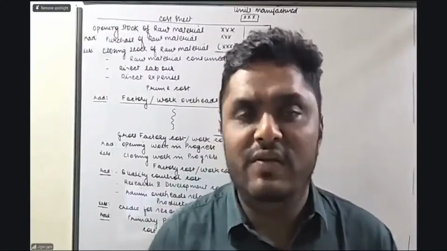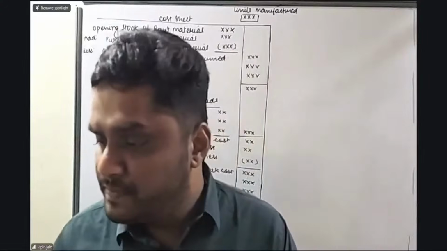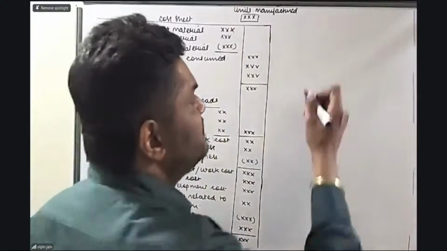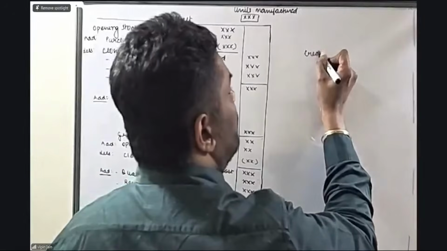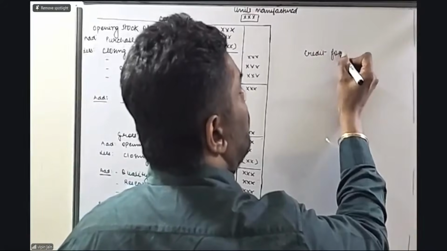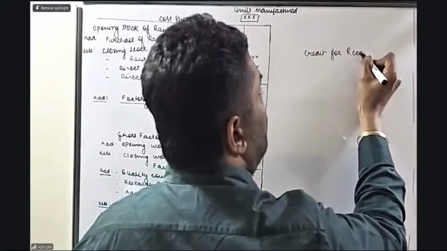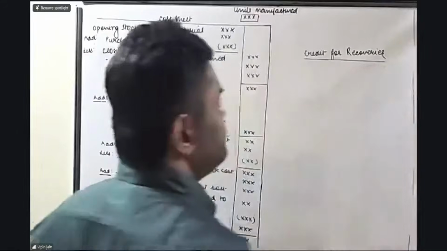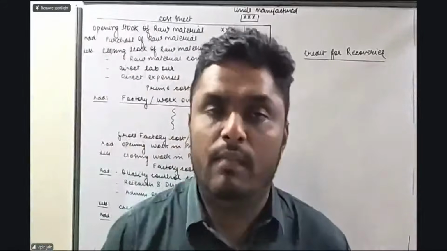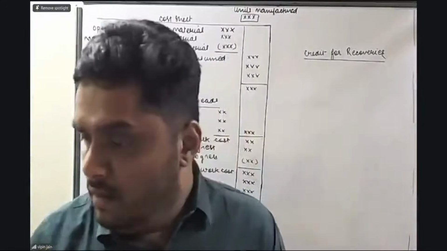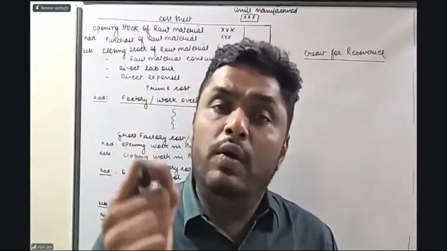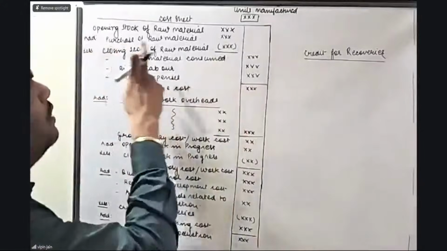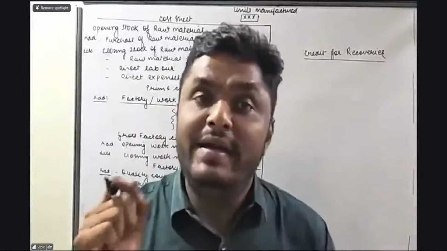While discussing questions, we'll be discussing a few points. Now the next item is credit for recoveries. While calculating the cost of purchase, very important, we deducted at last what?